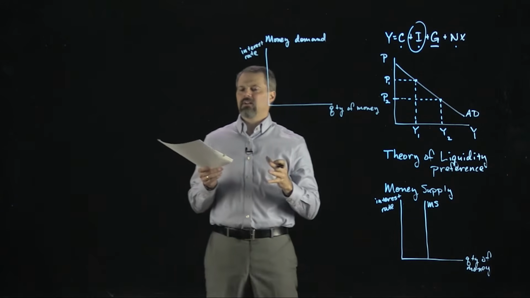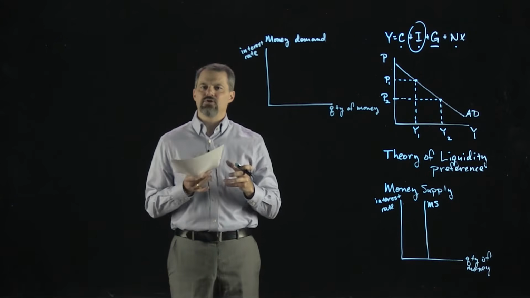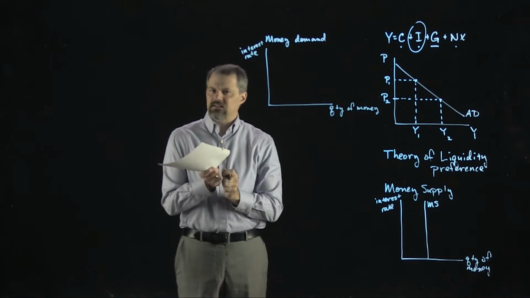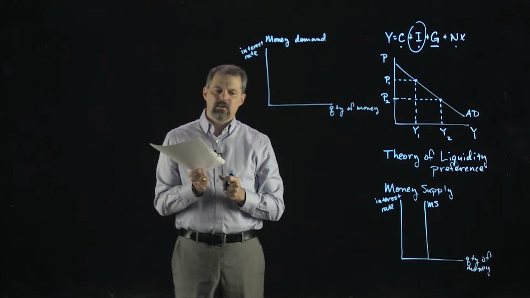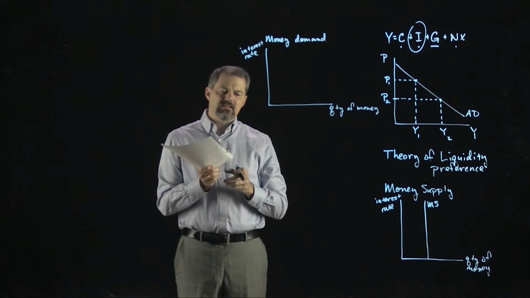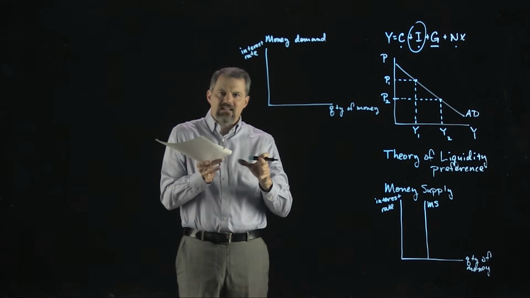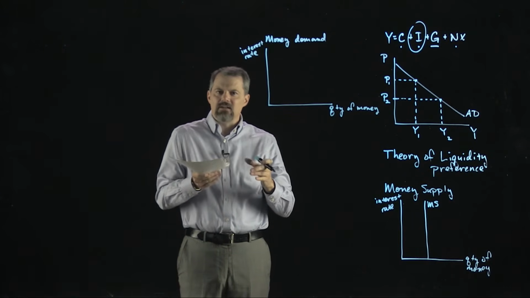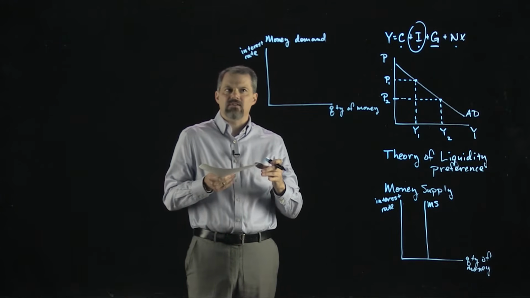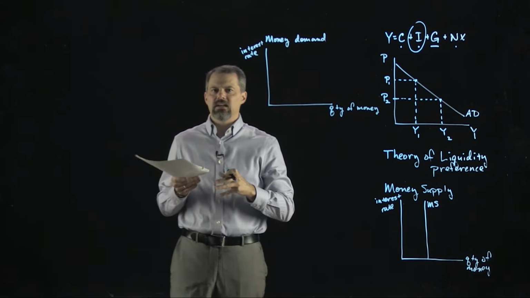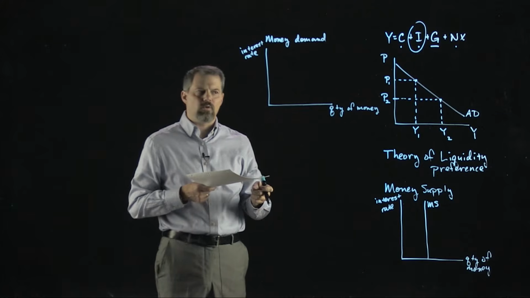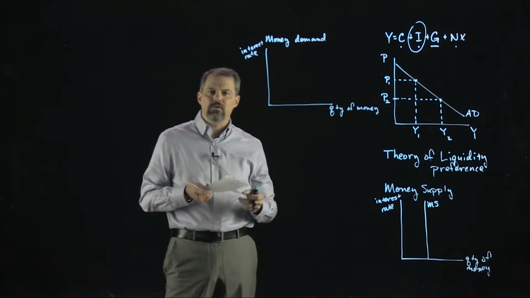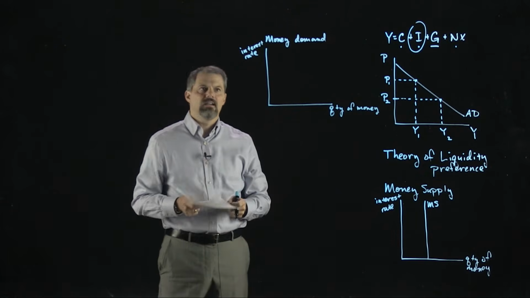Remember that in order to engage in transactions, you need to have some money. That money doesn't have to be currency. Remember, the definition of money is that it's all of the assets in an economy that are regularly used to engage in transactions. So this can be money in your checking account that you use a debit card for. It can be currency. If you carry some around, you could write a check.